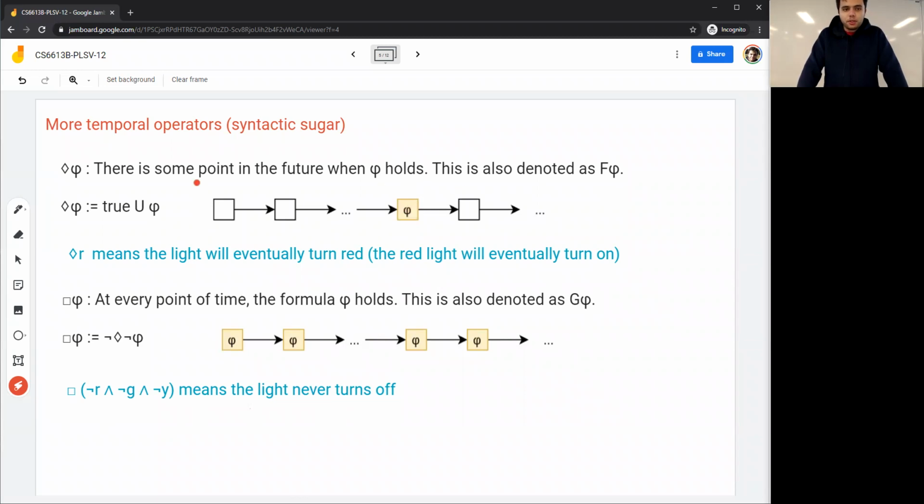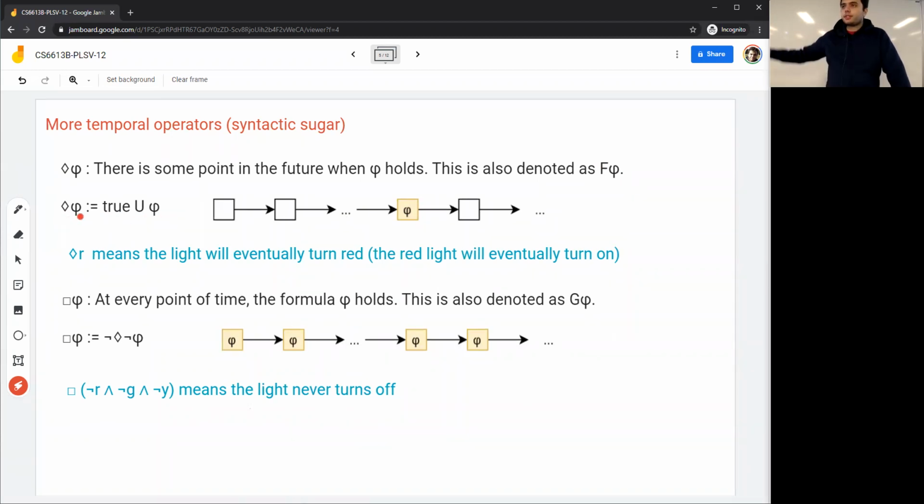And people also write this as F phi. And usually when they do this, they mean that in the future phi holds. So that's why they use F. And we can define this as syntactic sugar, right? And the way that we can define this as syntactic sugar is that eventually phi is the same as true until phi. So what does eventually phi say?